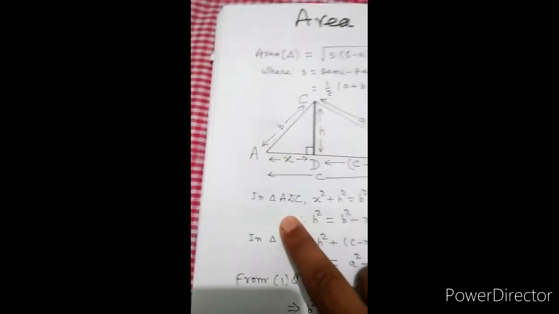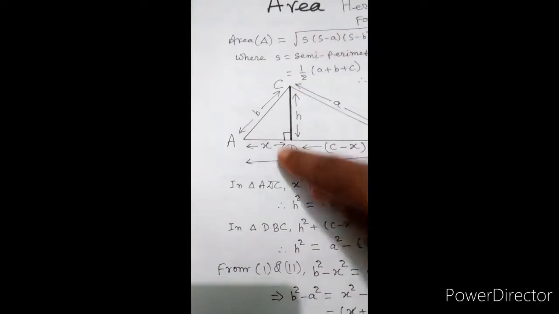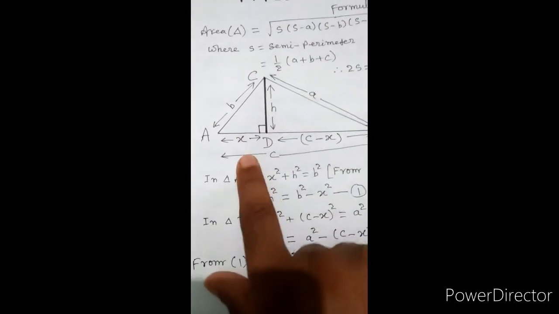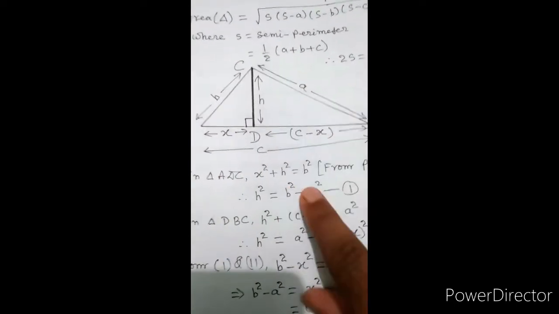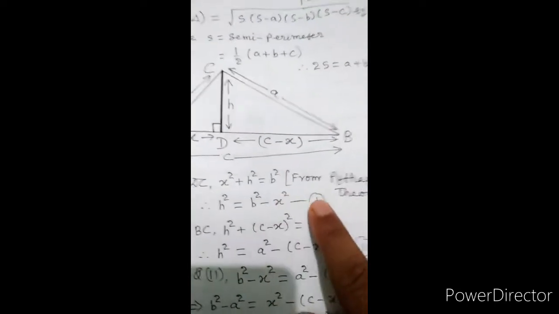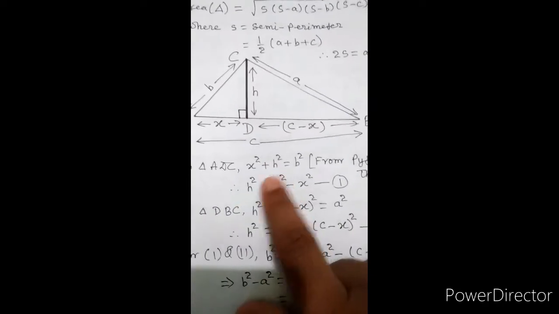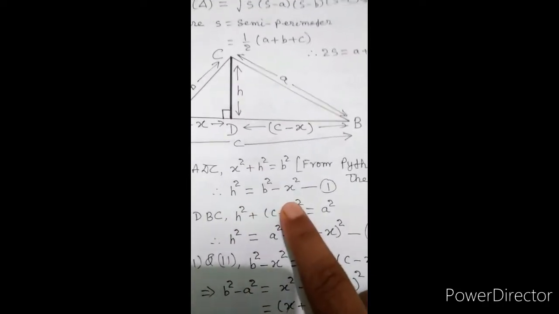Let us consider this triangle ADC first. Here x square plus h square is equal to b square from Pythagoras theorem. Hence h square is equal to b square minus x square. Suppose this is equation number 1.